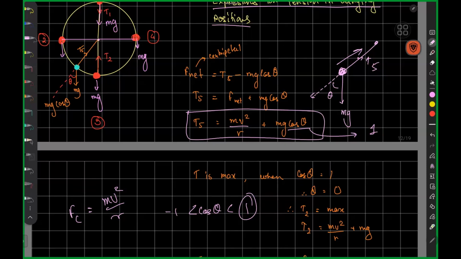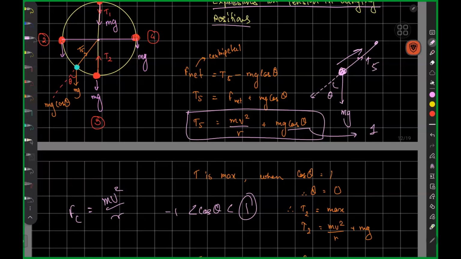Because mind you, other than theta, I can't really change anything. I can change velocity, but I'm not, because I'm interested in the position. So with respect to changing position, how does tension change? That is what we are figuring out. For the max tension, what should cos theta be? 1.